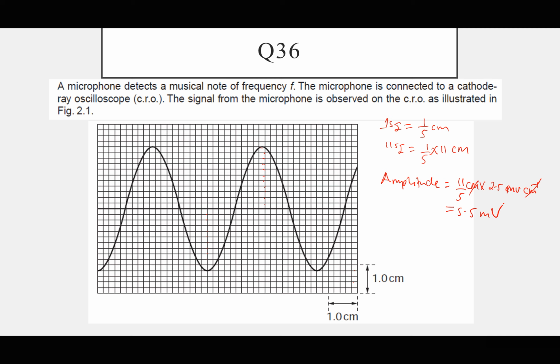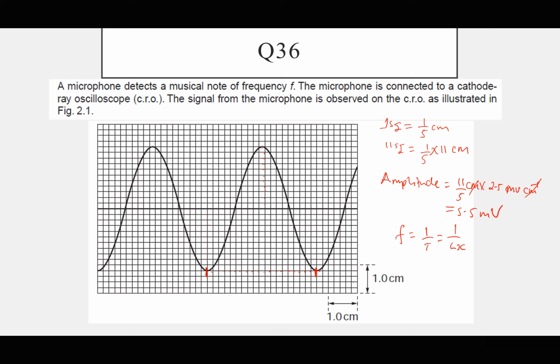Then let's see the frequency. The frequency is equal to 1 over period. Period will be L times X. What is L? L is the length representing one cycle, and X is the time-based setting. I'll start from here up to here: 1, 2, 3, 4, 5, 6, 7, 8, 9, 10, 11, 12, 13, 14, 15, 16, 17, 18, 19.